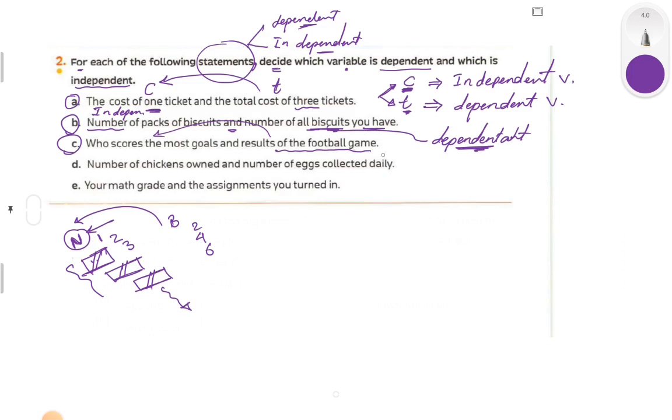So here I have two variables. First one, who scored the most goals, and the other one is the result of the game.